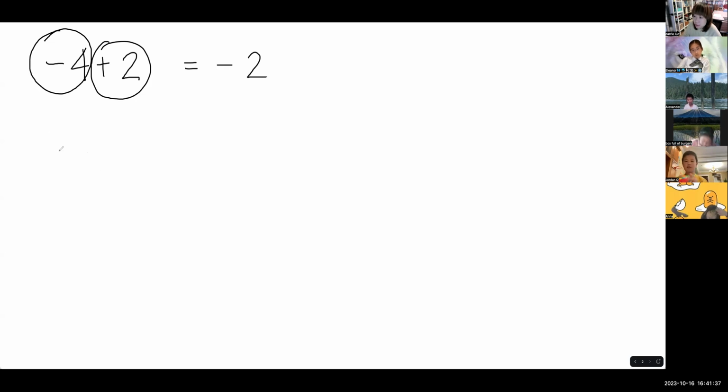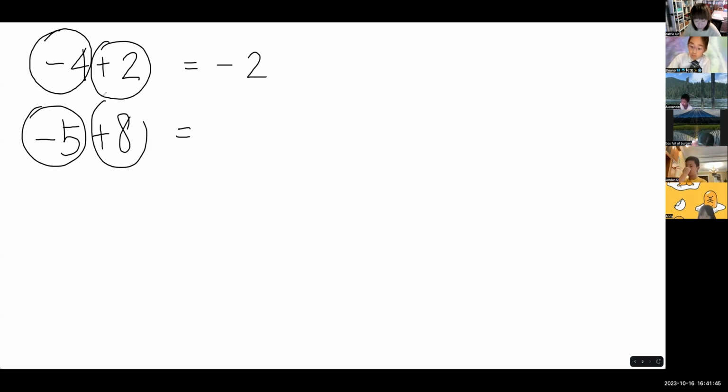Okay, we're going to see which number is bigger first. Anna, negative 5 plus 8. Which one is bigger? 8. Positive is bigger, right? So this number must be positive. Understand?